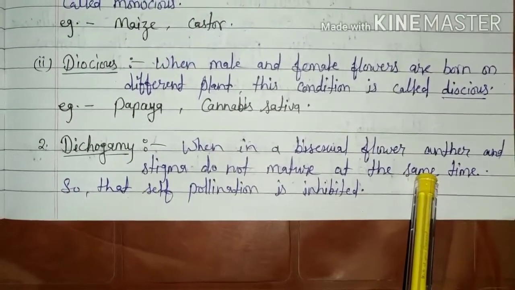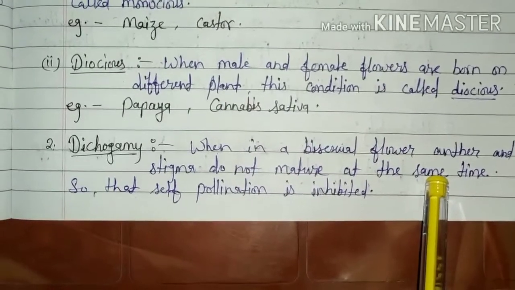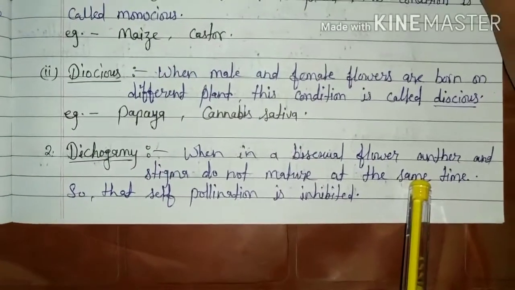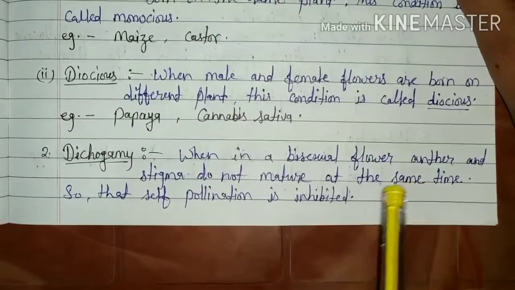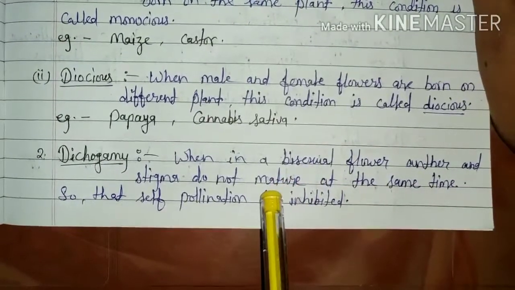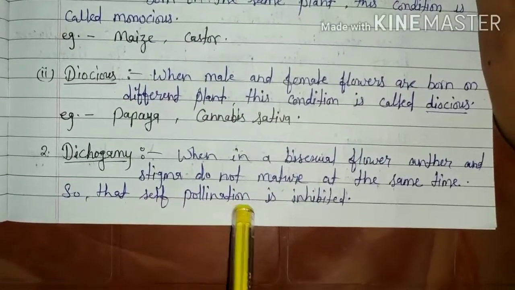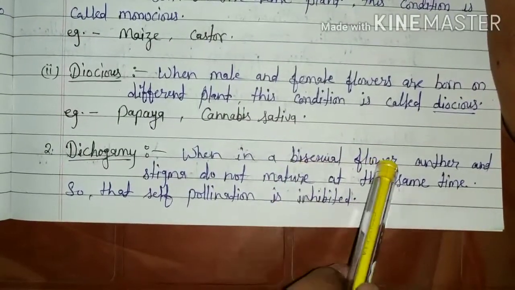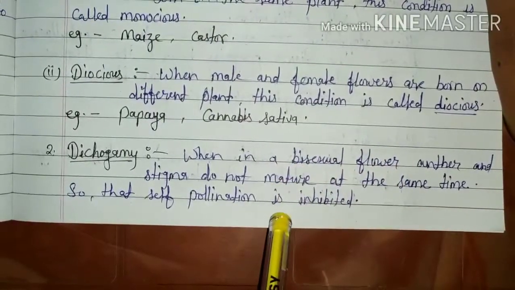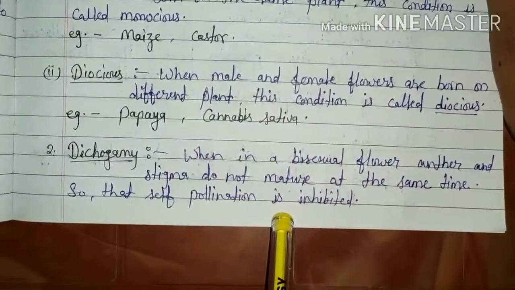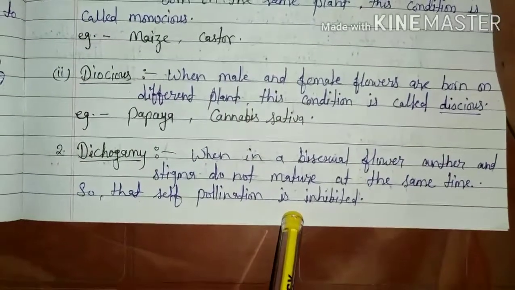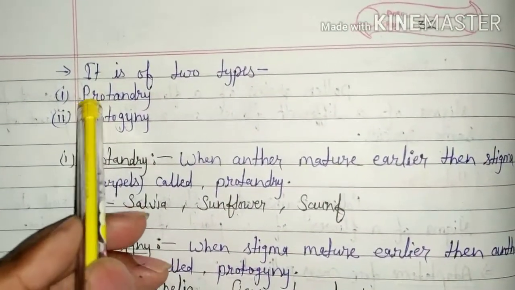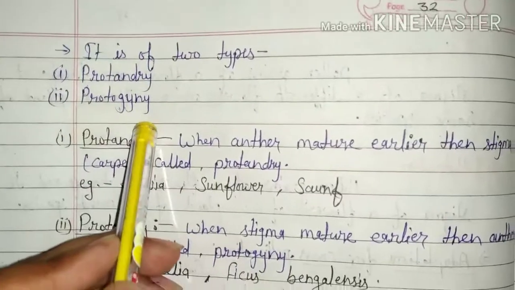It means in many hermaphrodite or bisexual flowers, stamens and carpels of a flower do not mature at the same time, so that self-pollination is inhibited, and in this type of bisexual flower only cross-pollination takes place. Dichogamy is of two types. First, protandry, and second, protogyny.